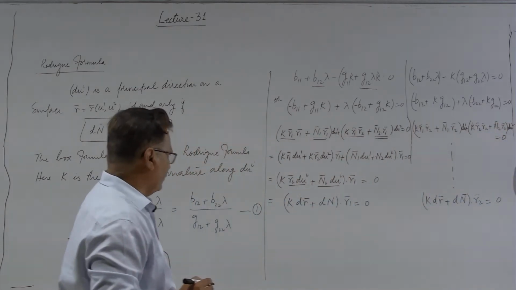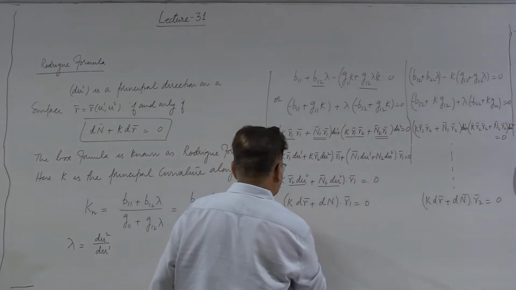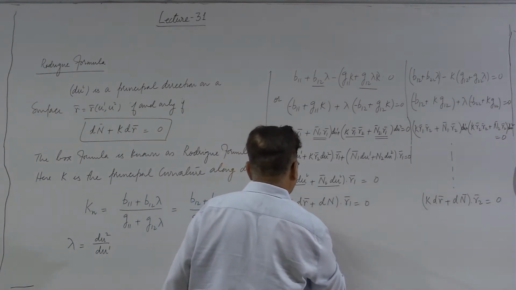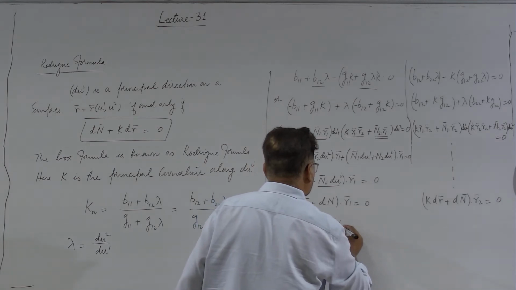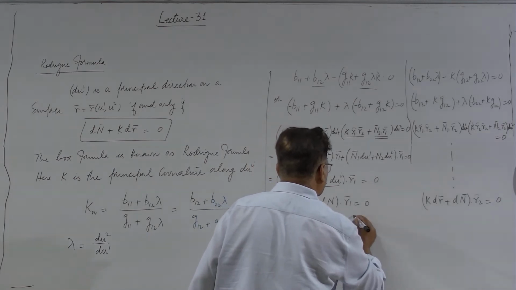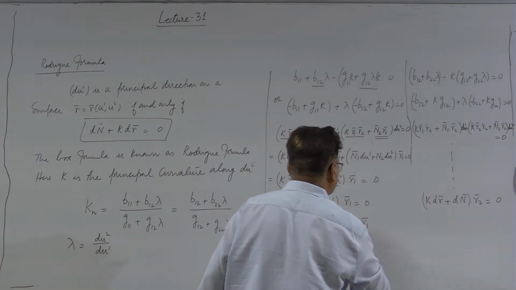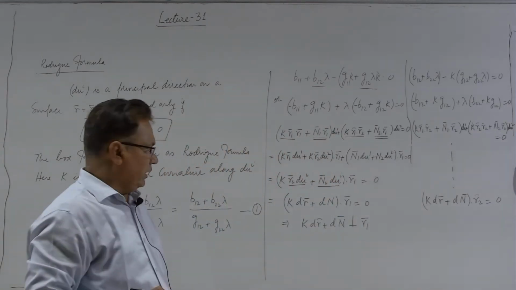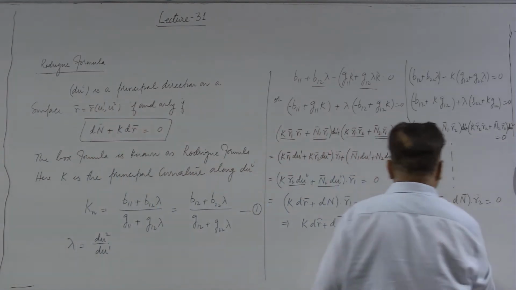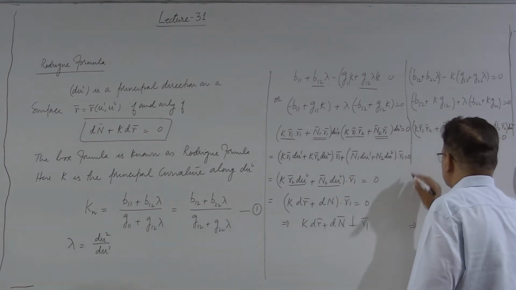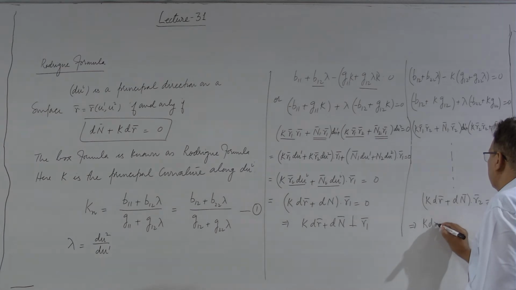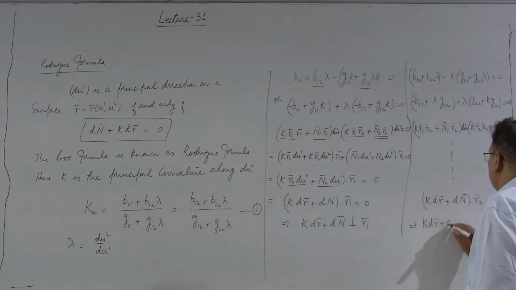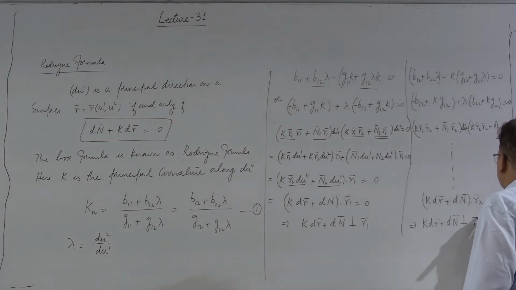So, what I follow from here is that this quantity in the black bracket, k dr plus dn, is perpendicular to vector r1, and what we follow from here is that k dr plus dn is perpendicular to r2.